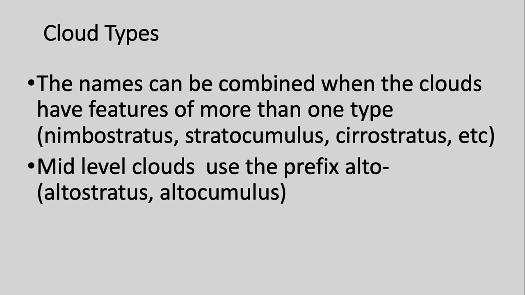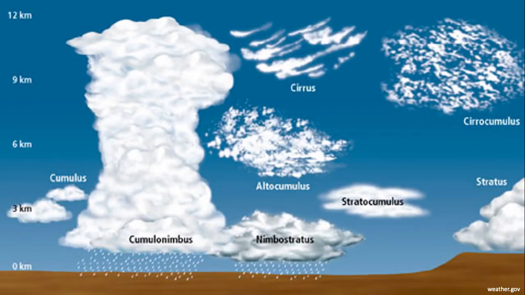And then you've got stratus clouds that form a layer. The names can be combined when the clouds have features of more than one type, like nimbostratus, stratocumulus, cirrostratus, etc. Mid-level clouds use the prefix alto, so altostratus or altocumulus. Here's a different diagram of a bunch of cloud types. Cumulus, cumulonimbus, cirrus, and stratus are the main types.